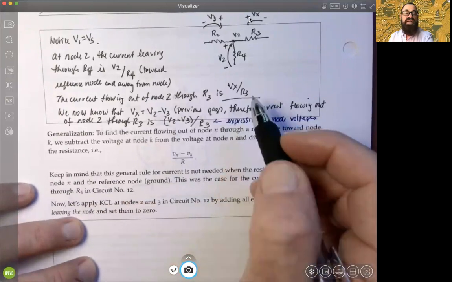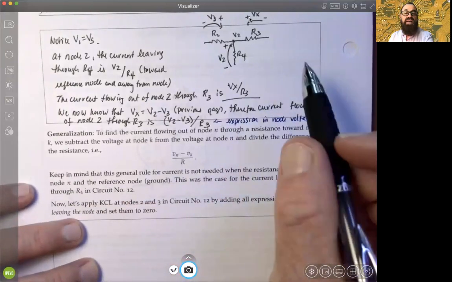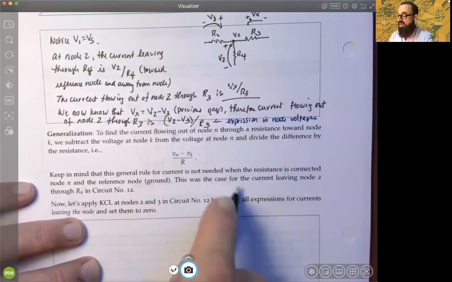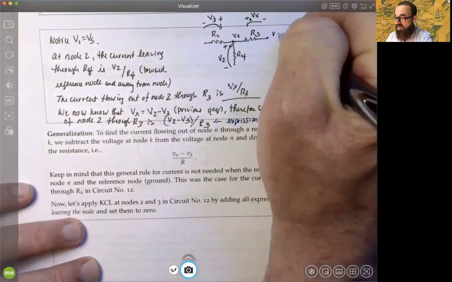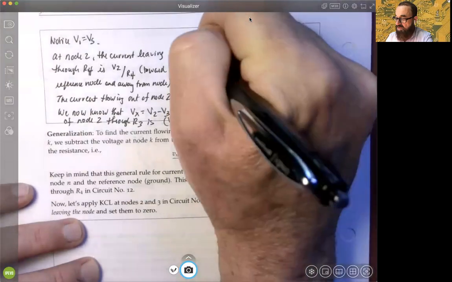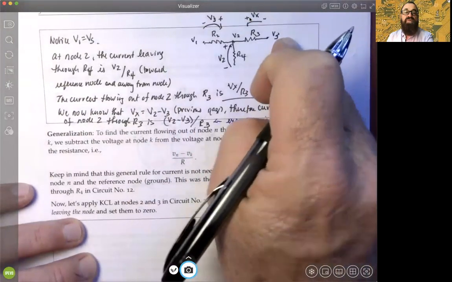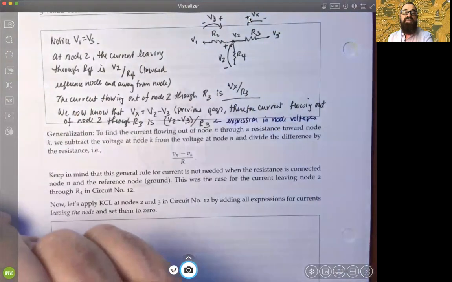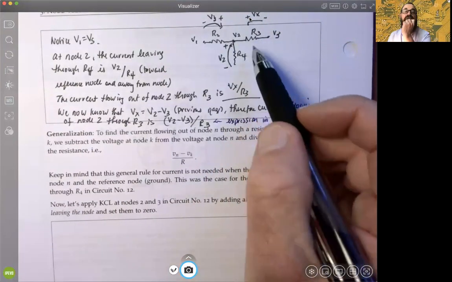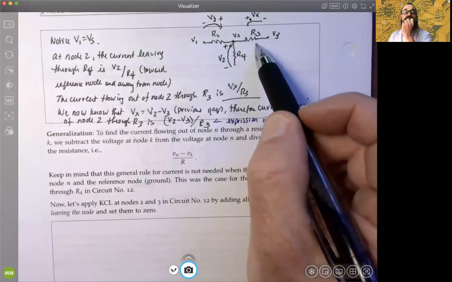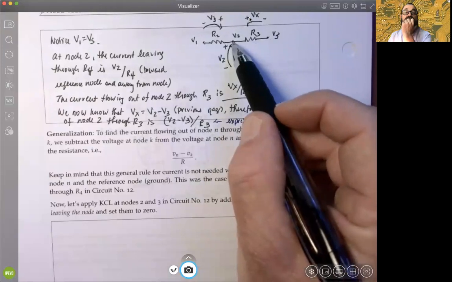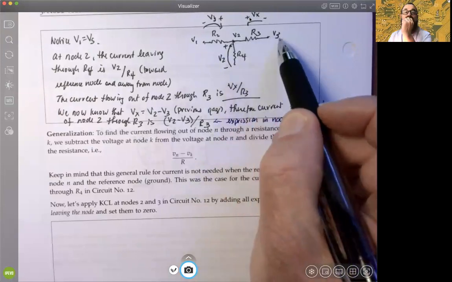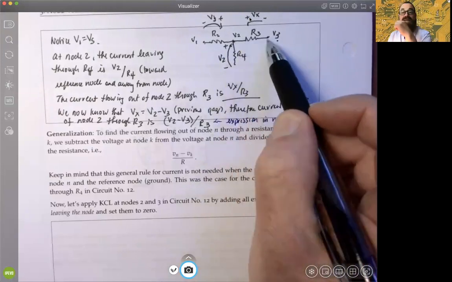So back up here, that's exactly what happened. In this diagram, we have node voltage 2, 3 on the right, 1 on the left. If you wanted the voltage across R3, you start at node 2, you end up at node 3 and pass through that resistance.